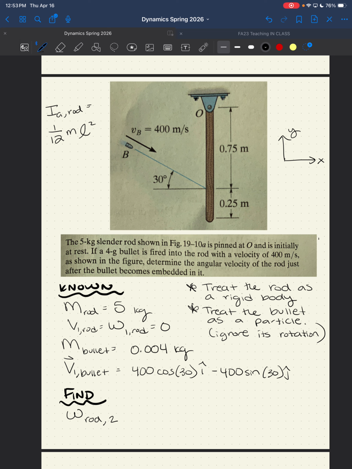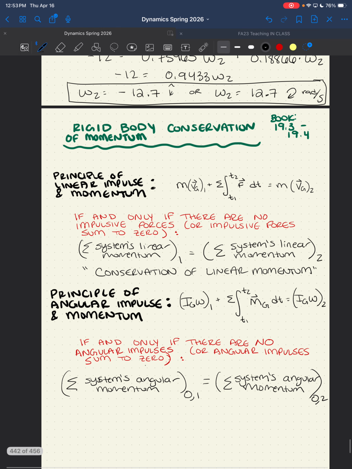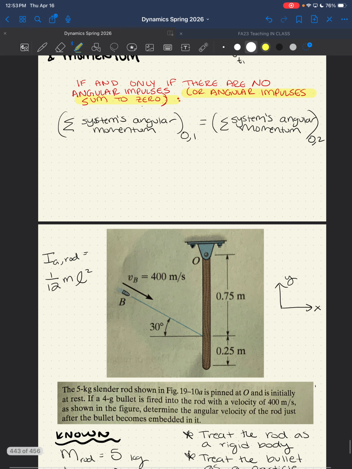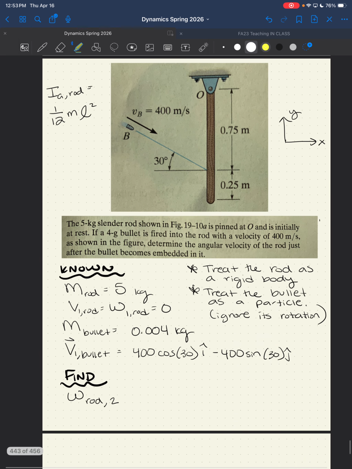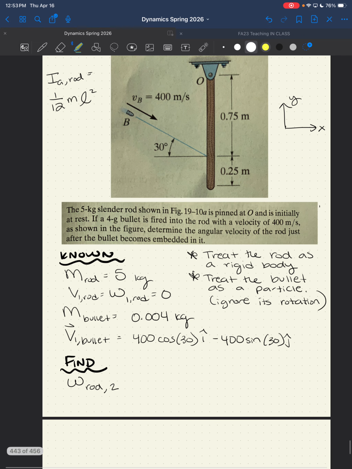Okay, so the most important trick to start out with is to treat this as a system. We want to treat these two items as a system because when these two things impact each other, there's going to be a nasty impulsive force that we know nothing about. We don't know its amplitude, we don't know how long it lasts, we don't know anything about it.